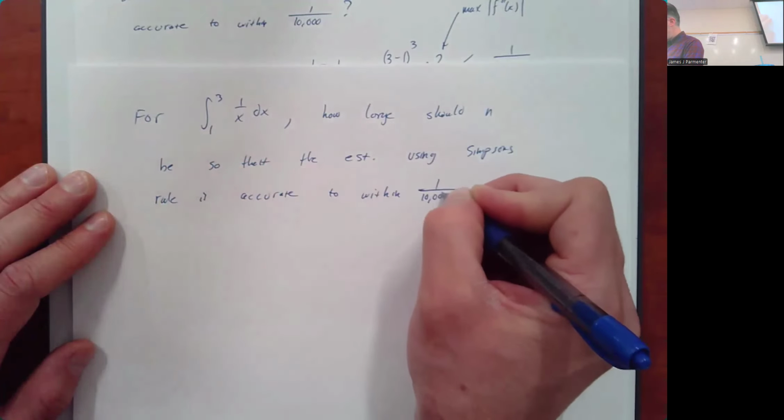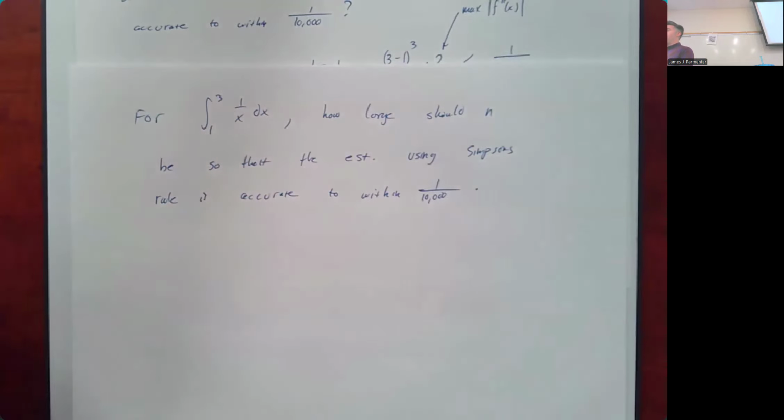I will point out, we should expect n to be a much smaller number here because Simpson's rule gives a better estimate. So we shouldn't need to use as many subintervals to get just as good an estimate using Simpson's rule versus using the trapezoid rule.